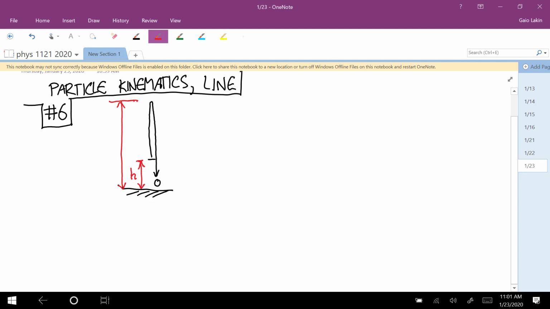And this distance to the highest point is h max. And based on those, we need to calculate the initial speed of the ball.